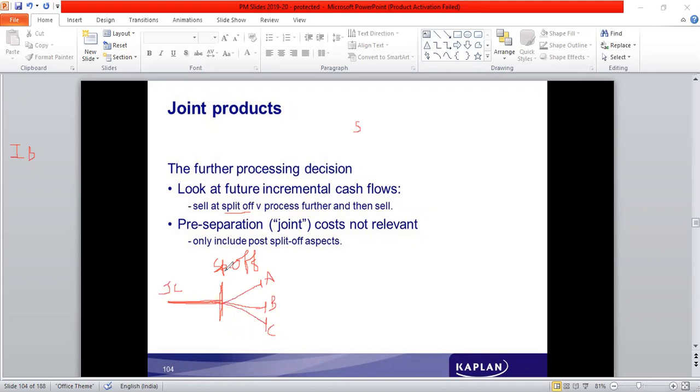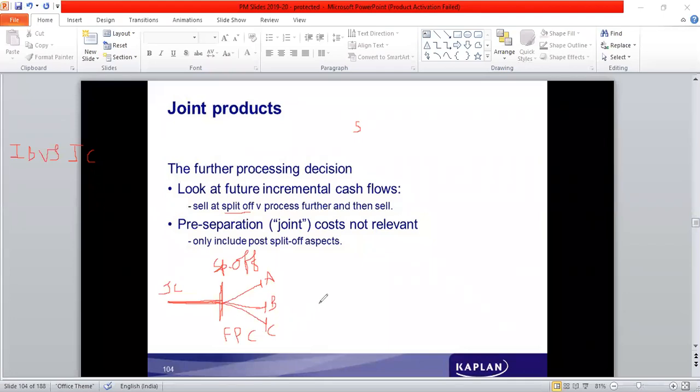Okay. So incremental benefit should be compared with incremental cost. What is incremental cost? The cost of processing it further. Further processing costs are there. So the comparison should be with the incremental benefit.